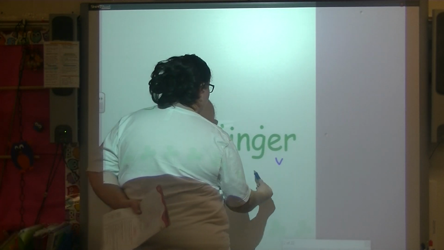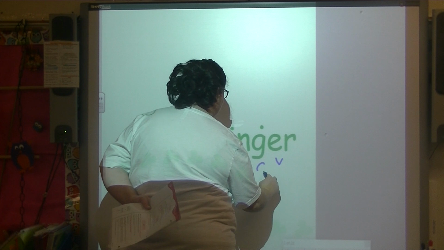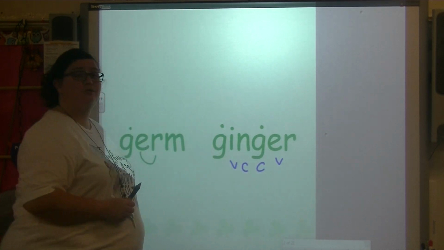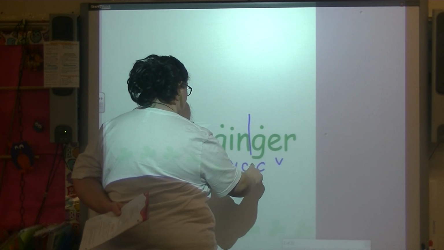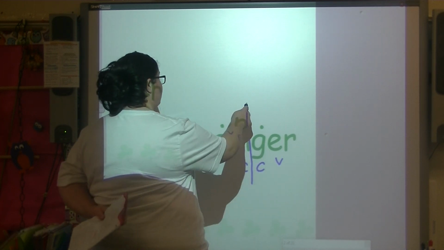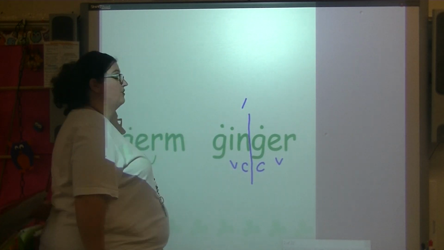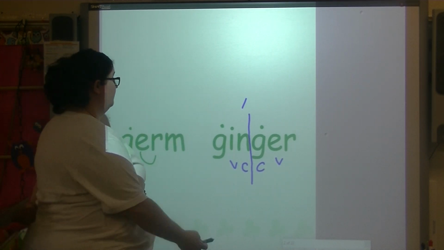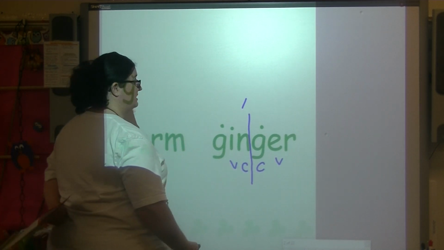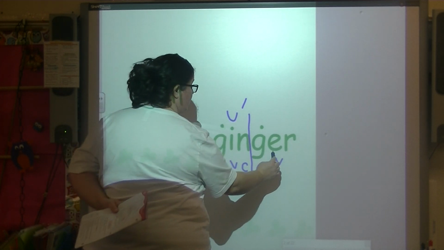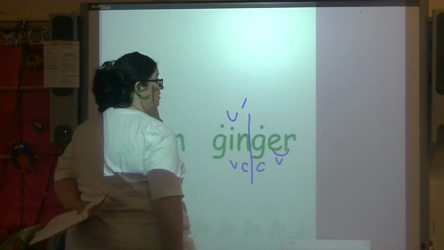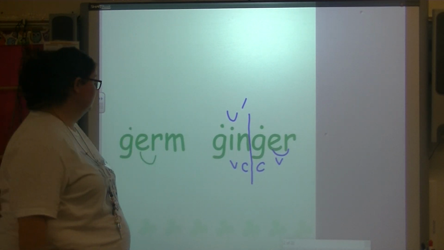So N and the G are consonants. I divide between my two consonants. Accent on the first syllable. Vowel followed by consonant is short. And here I have ER, which is a combination.